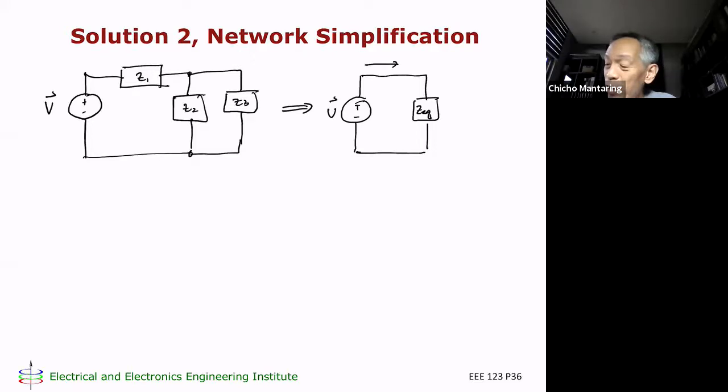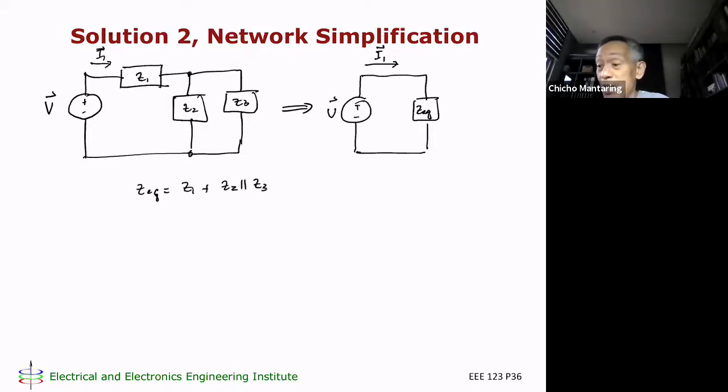ang makukompute ko rito is actually I1. Kasi ito yung I1 eh. Right? And what is Z equivalent? Z equivalent is just Z1 plus Z2 in parallel with Z3. No? These two are in parallel in series with Z1, that is equal to Z equivalent.